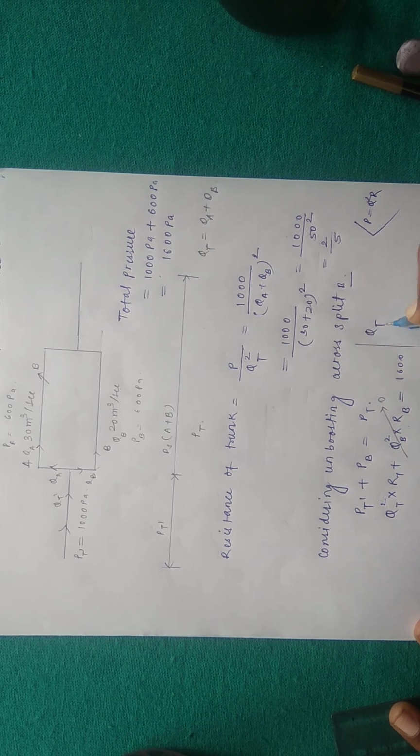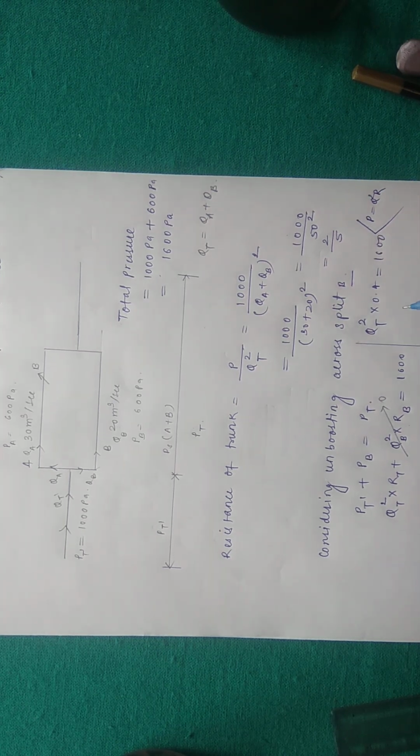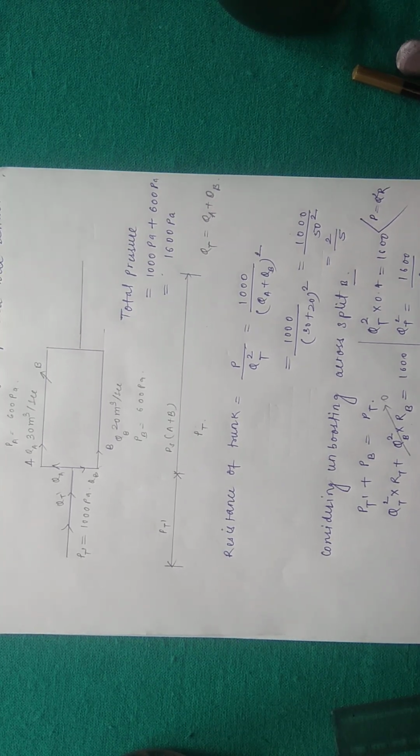The quantity of trunk squared into 0.4, the resistance of trunk. Trunk resistance is given here as 0.4. By solving this, and this is 1600, the quantity of trunk squared is equal to 1600 divided by 0.4.